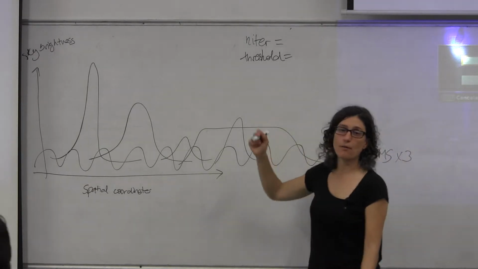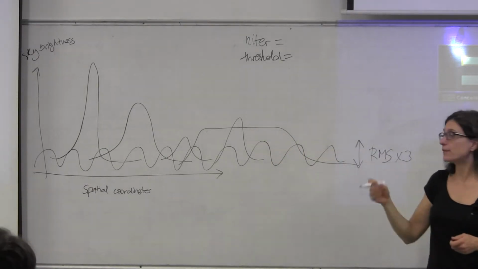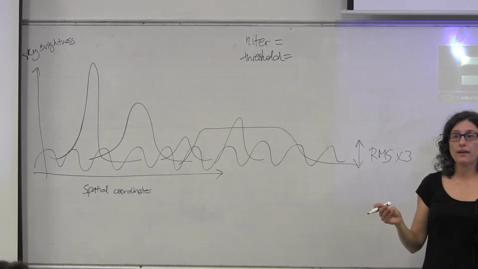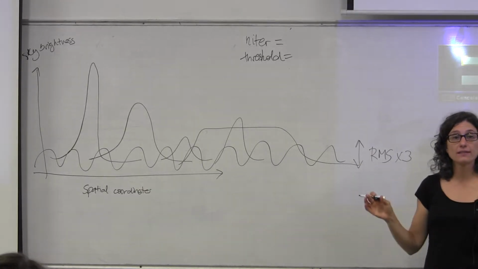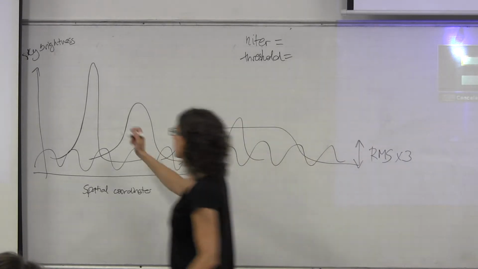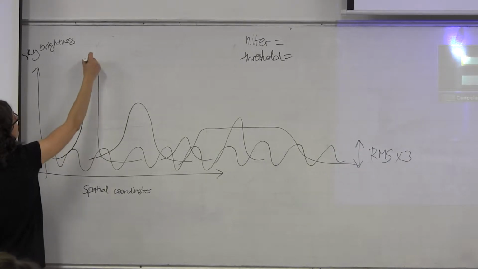So we start our cleaning process. What do we do first? We look for the brightest point in our dirty image. Our brightest point is here. Okay?